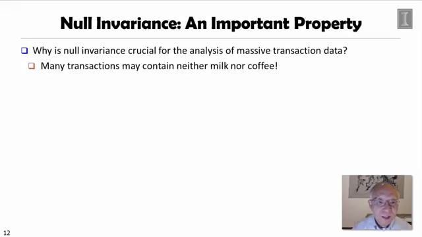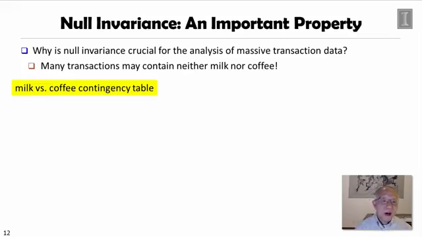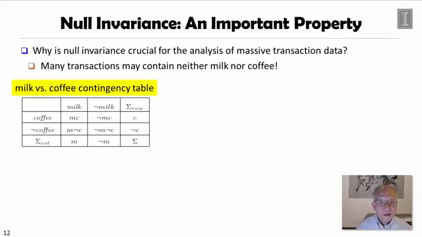When you analyze milk and coffee using the following contingency table, MC means the number of transactions that contain both milk and coffee. Not M not C means the number of transactions that contain neither milk nor coffee. So not M not C is the number of null transactions.